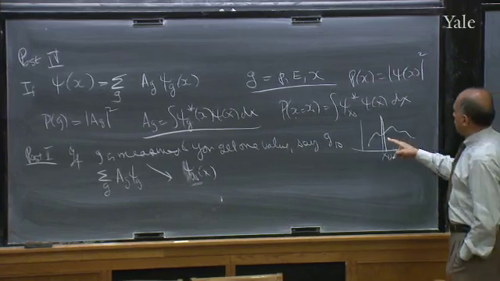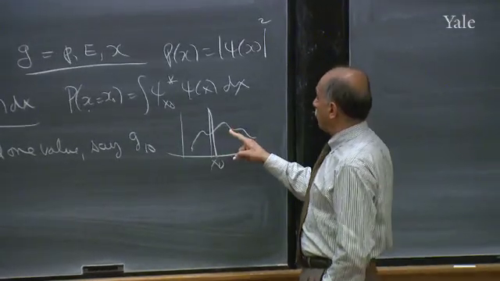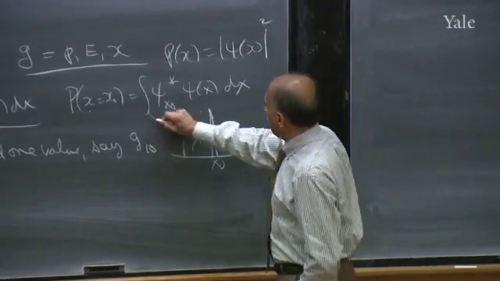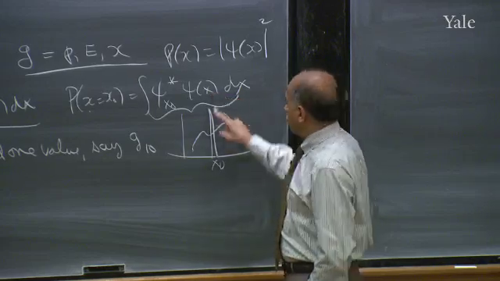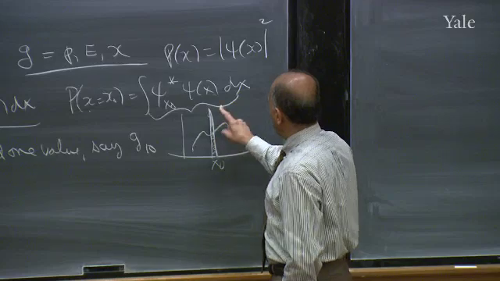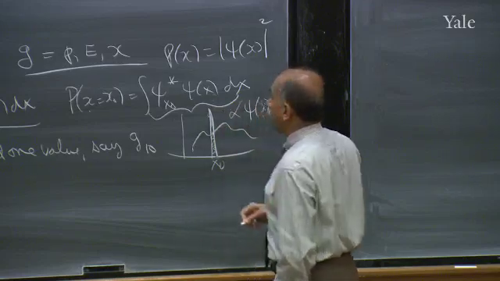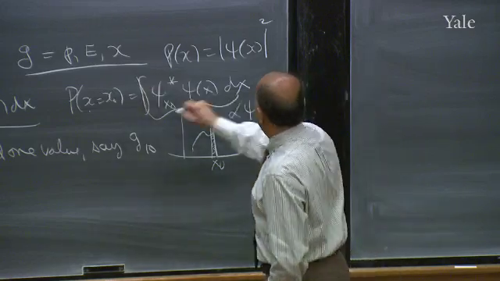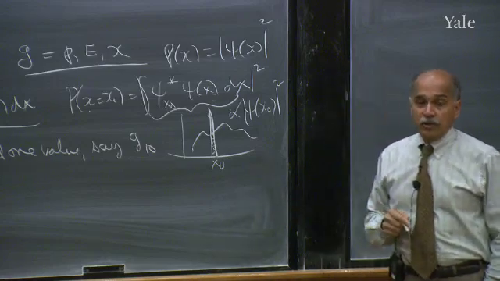But the only place where the product survives is near x naught. Everywhere else is 0. So the only place that the integral receives a contribution is when x is at x naught. So up to some constant proportional to the area of this spike, the answer is proportional to the wave function at x naught. Therefore, I'm sorry, I meant to say square this, and that's what I've been saying is the rule for position.